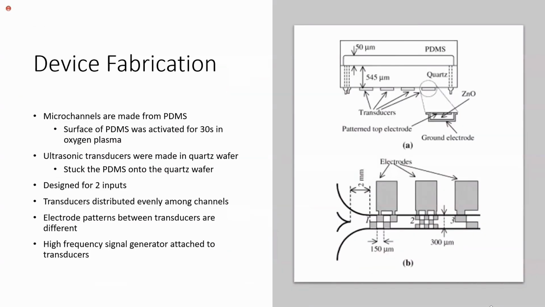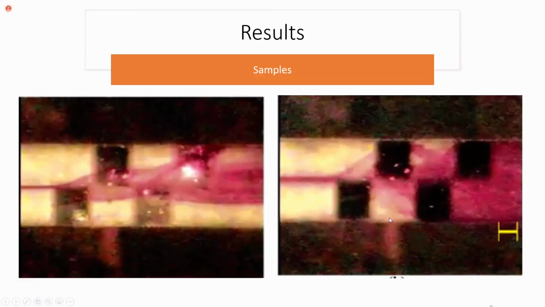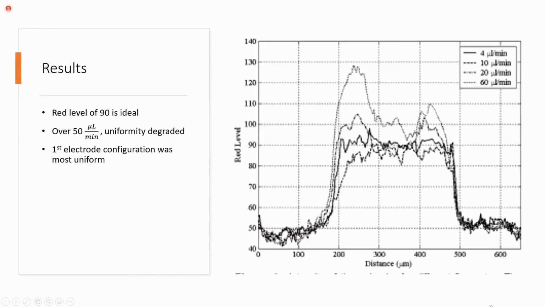Here is 2 millimeters, so that's 2,000 micrometers. So basically 100 micrometers from this edge right here, from the first electrode. You can see from the graph that there's not a lot of activity until it hits 100, then it starts to rise and the transducer starts doing its work.